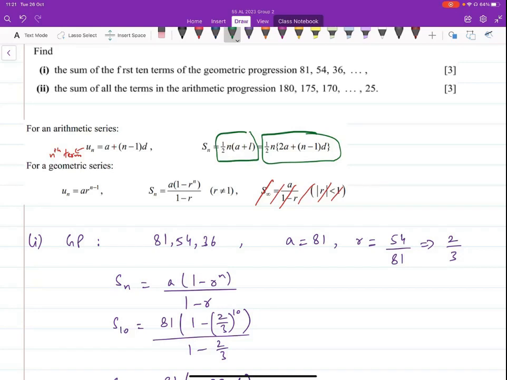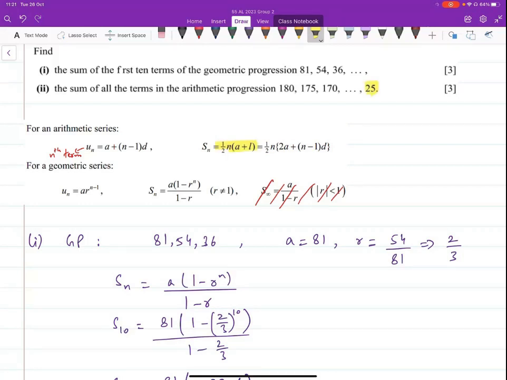Sir, the second formula. That will work. Sir, but we are given the last term, right? So we can use the first one as well. Actually, the second one can always be used, okay? But the first one will make things simpler in cases when we have the last term given.